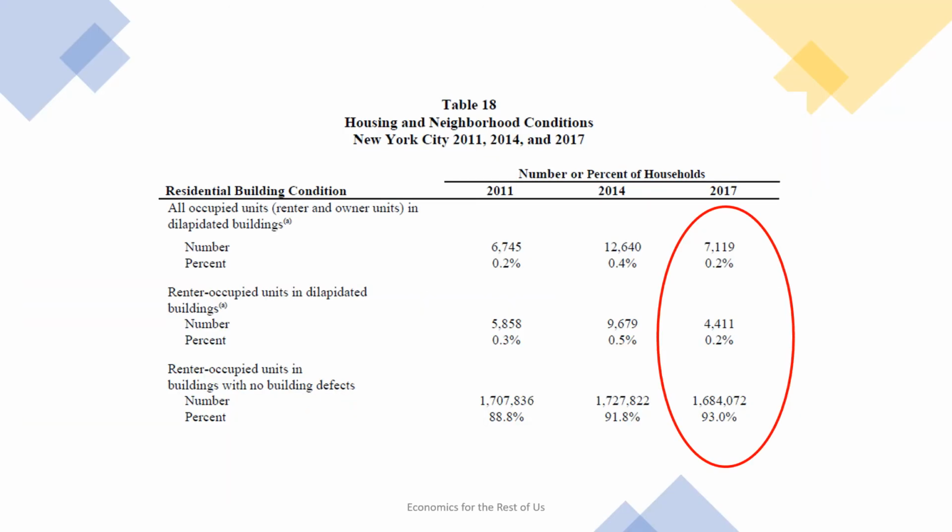Does rent control decrease the quality of housing, as the economists believe? Table 18 shows that the percentage of dilapidated units is minuscule and that the vast majority of rental buildings in New York City have no defects. Unfortunately, I could not find a survey of housing quality in Atlanta to permit a comparison.